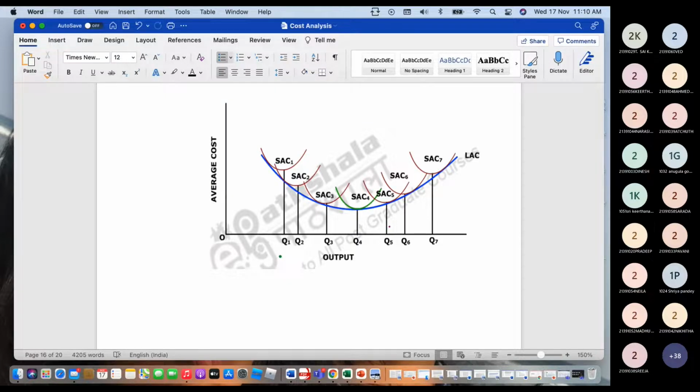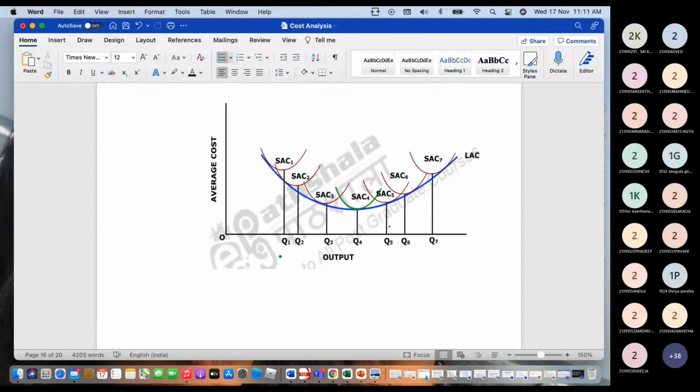And if you remember, in the returns to scale law, we had 3 different laws: increasing returns to scale, decreasing returns to scale, and constant returns to scale. Which means that if the firm is increasing its inputs by 10%, output may increase by more than 10%, or equal to 10%, or less than 10%.